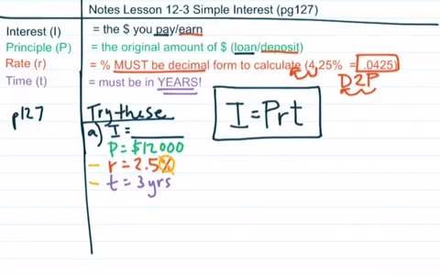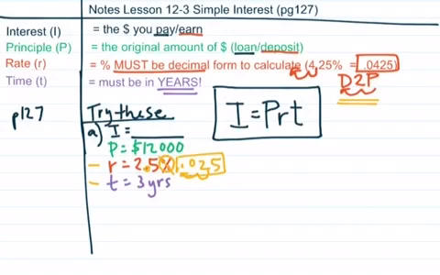Well, but I have to move my decimal. So I'm going to move my decimal just like we did up here. I'm going to move it 2 places to the left. So when I do that and I have 2.5, I'm going to move my decimal once, twice. So I have 0.2, and there is my rate as a decimal.